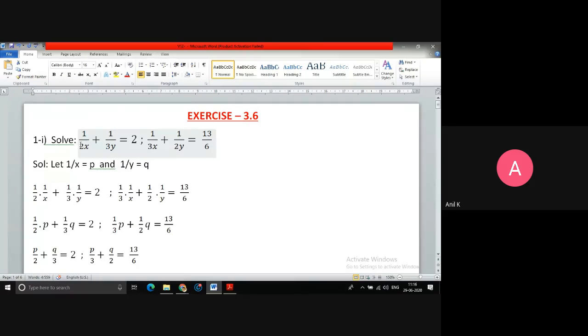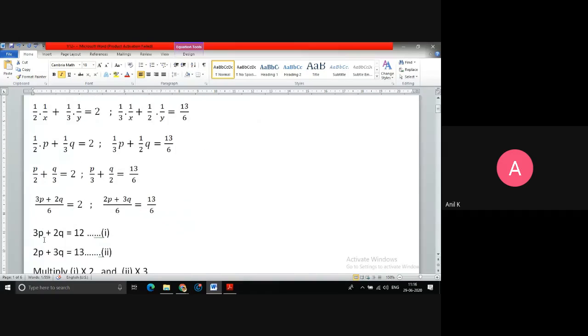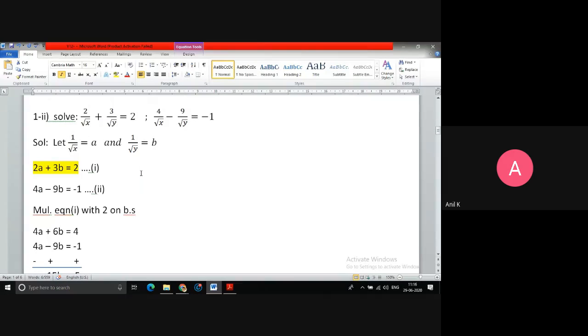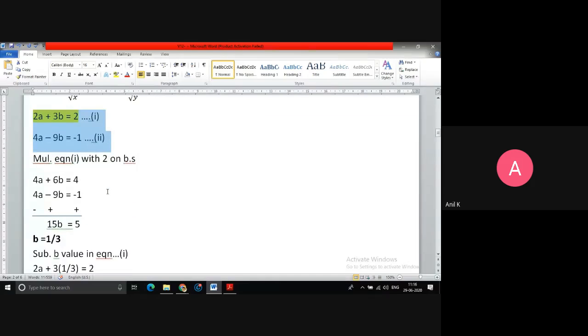You see the given equations here. In the first question, 2 is in the denominator, 3 is in the denominator. Here also 3 is in the denominator, and here also 2 is in the denominator. That's why in those equations I got 2 and 3 in the denominator only. But when I come to the second question, here 2 and 3 are both in the numerator, and here 4 and 9 are both in the numerator. So that's why they are not in the denominator; they are in the numerator only. Hope this is clear: when to put in the denominator and when to put in the numerator.